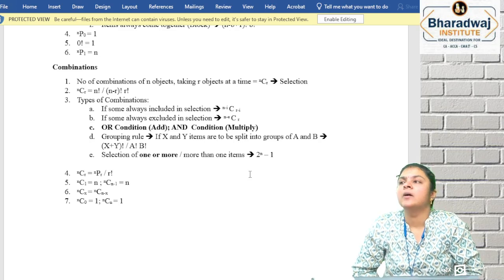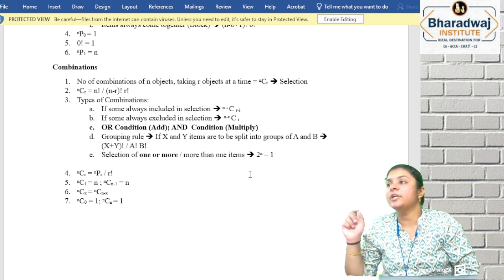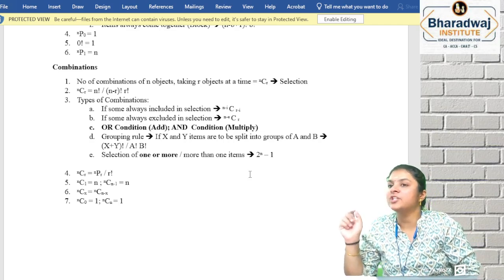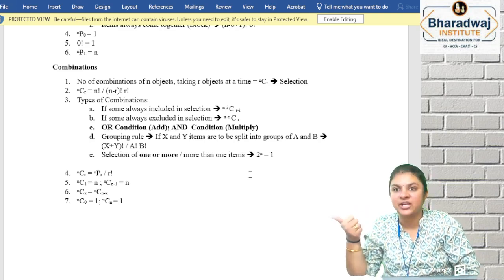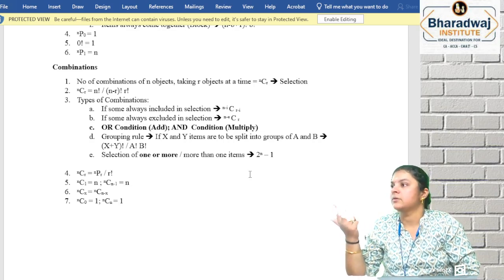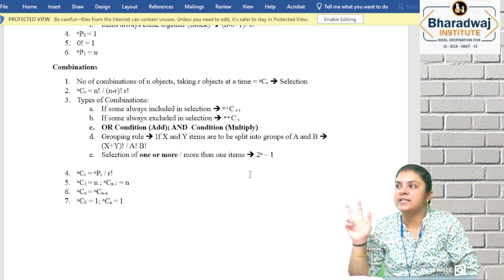Number 1. What is the primary differentiation between permutation and combination? Permutation includes arrangement, combination excludes arrangement. So if the question speaks only about selection, taken, chosen, with no reference to arranging, then it is mere combinations.